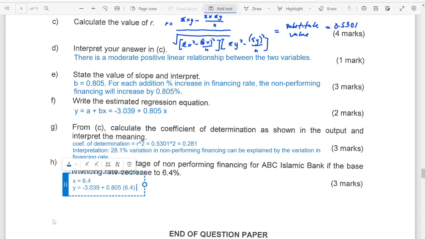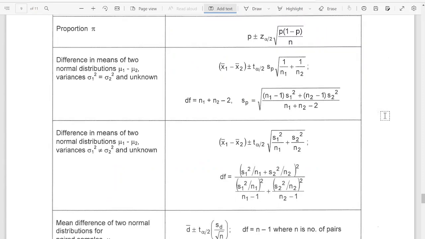Okay, so calculate this one. You should get the value to be negative 3.039 plus 0.805 and then multiply with 6.4. So you get 2.113. Okay, so that is the solution for the particular question.